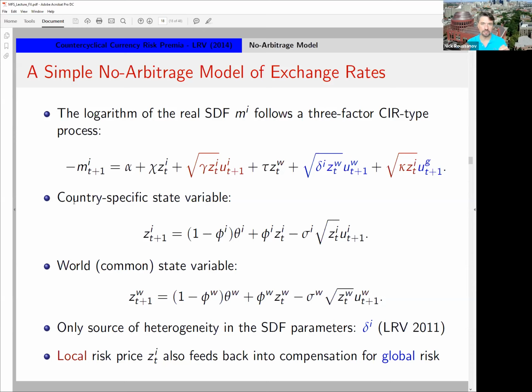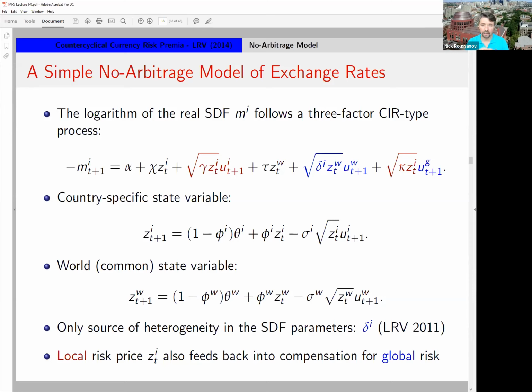So for now, let's just stay in the world of complete markets, and remember that ultimately, if we want to understand exchange rate behavior, we want to understand how these stochastic discount factors in different numeraires, in different countries' currencies, behave vis-a-vis each other. And of course, they could behave vis-a-vis each other in different ways for different reasons that we cannot say anything about without putting in more macroeconomic structure.